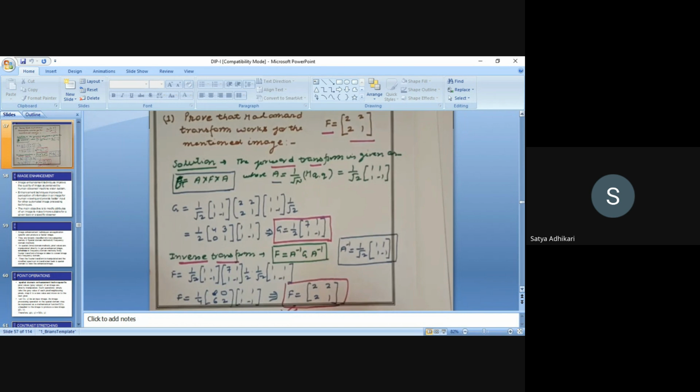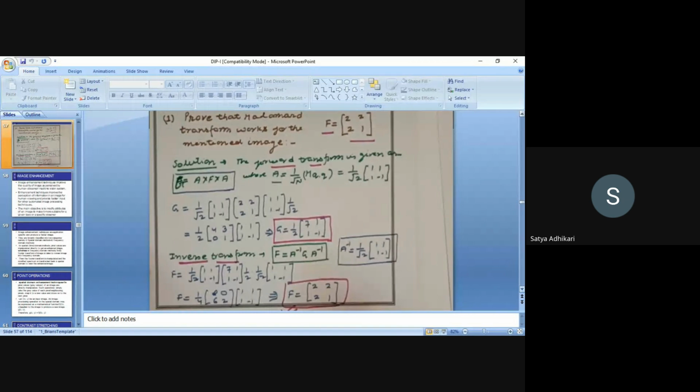A inverse is 1 by root 2 times 1 1 1 minus 1, because it is a 2 cross 2 matrix. You can easily find the A inverse. Otherwise, you can use the formula adjoint of A by determinant of A to get the inverse of a matrix. You will get A inverse the same as the original matrix. So now F is equal to 1 by root 2 A inverse into G into again A inverse.